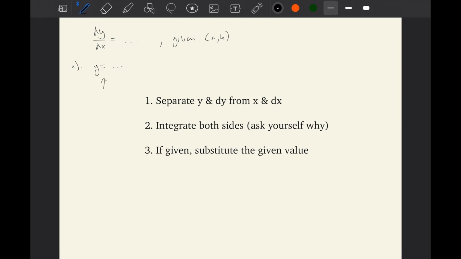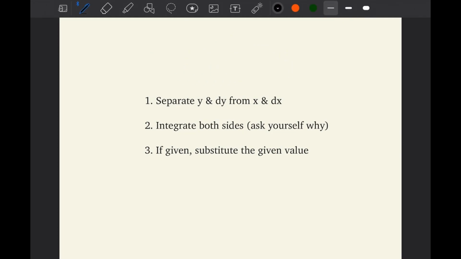Here you would still have your constant c, but here y equals blah blah blah, it would only be in terms of x, and there would be no c. But this is going to make sense in a couple of minutes when I start doing examples with you.